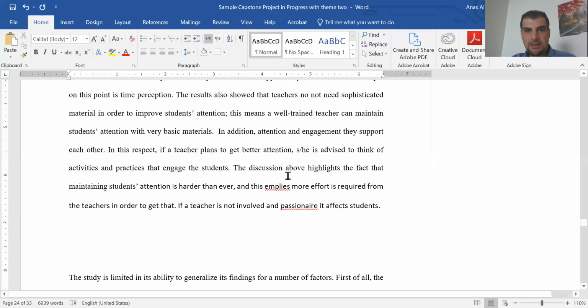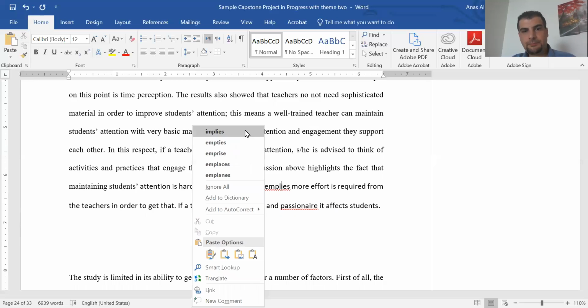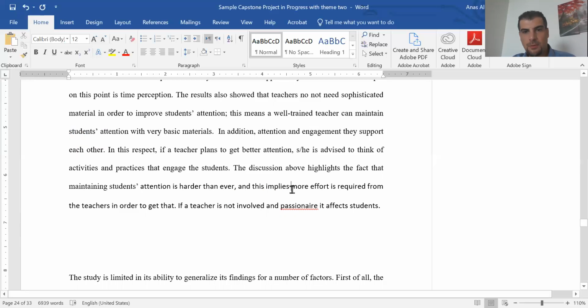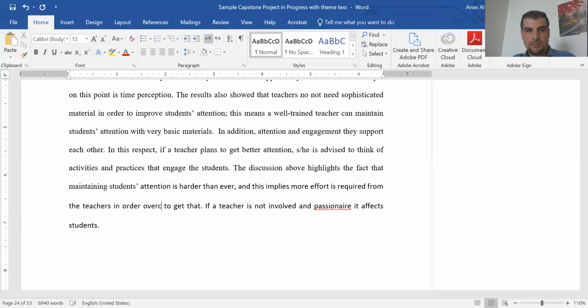And this implies more effort is required from the teacher in order to overcome such a challenge.